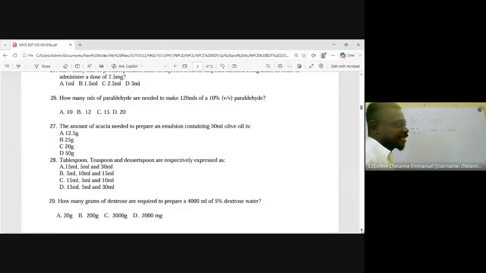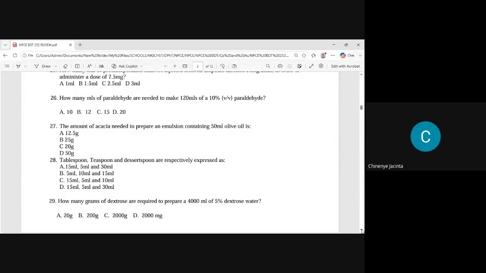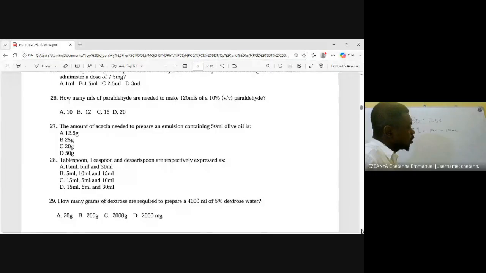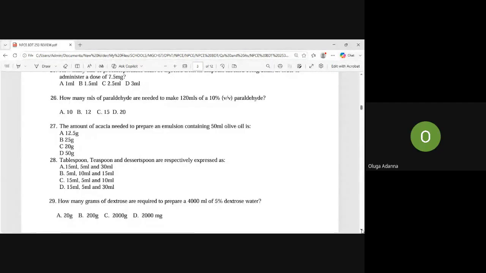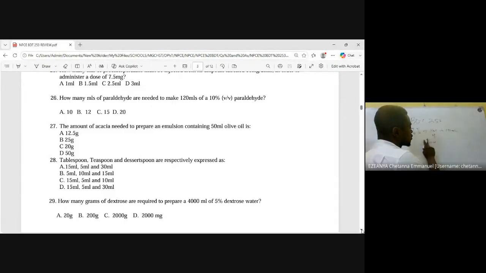I heard 10 mL in 100 milligrams. Now, 10 mL of what in 100 mL of what? 10 mL of paraldehyde. In 100 mL of what? It's the solution or something. Which solution? I don't know, it can be water.